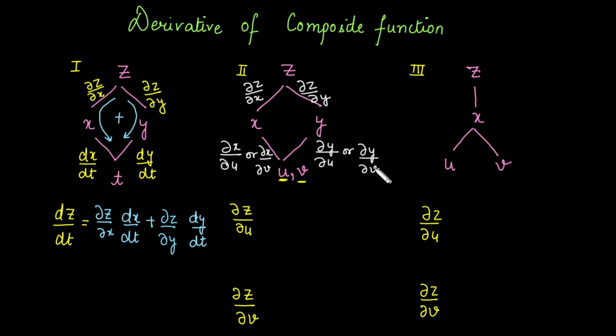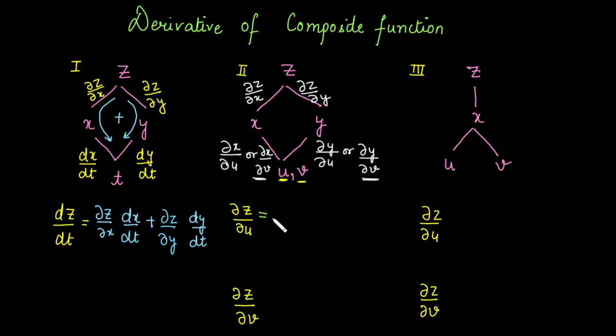There is no interlink between u and v. They are independent variables. So either we will take this term or this term as per the requirement. Like in this case, we need a partial derivative with respect to u, meaning we don't need a partial derivative with respect to v. So we will not use this term and this.